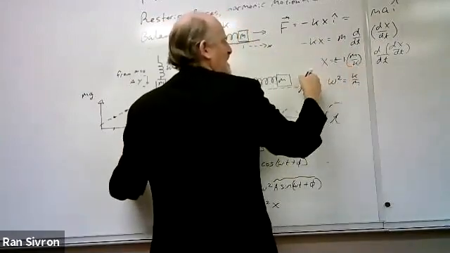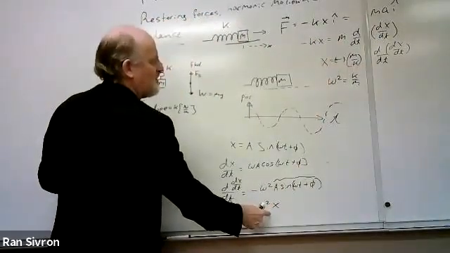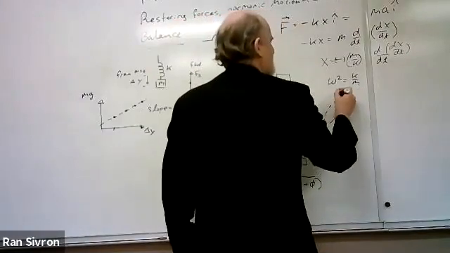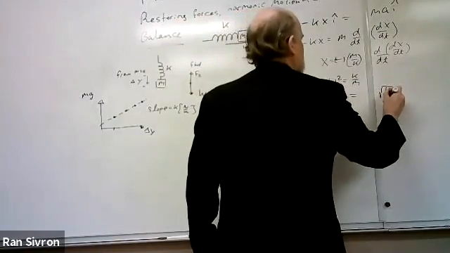You have to multiply by K, divide by M in order to have that in this direction, or W itself is going to be equal to square root of K over M.